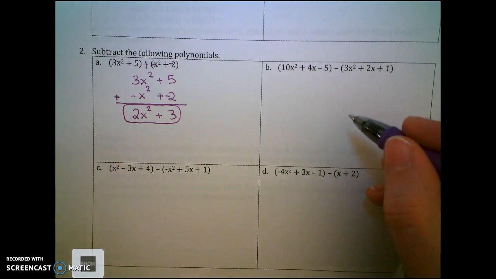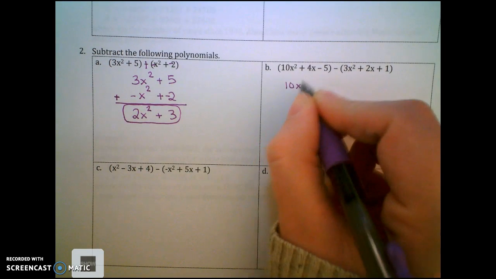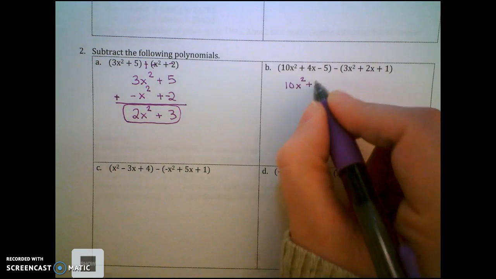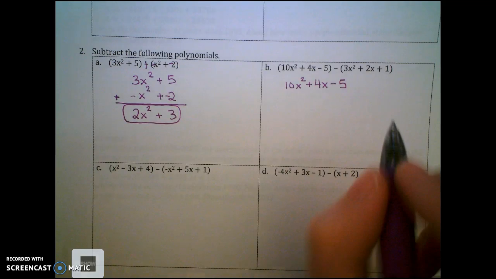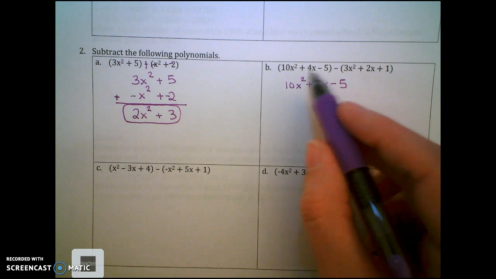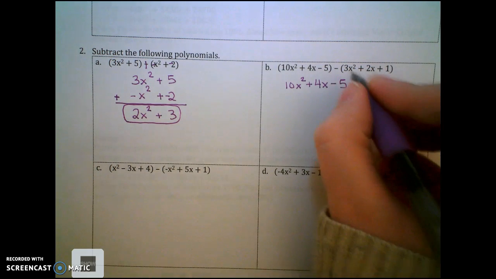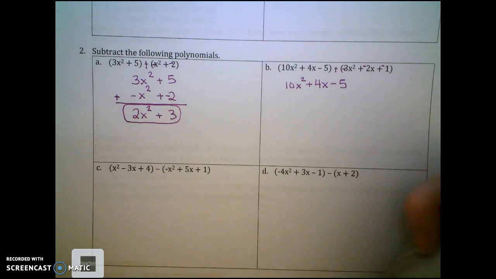So let's look at this one. If I line this up vertically, 10x squared plus 4x minus 5. And the one thing I do have to be careful of here, unless I flip these, I have to have this one first. So always leave this as your first term. Then flip all of the signs inside the second polynomial.